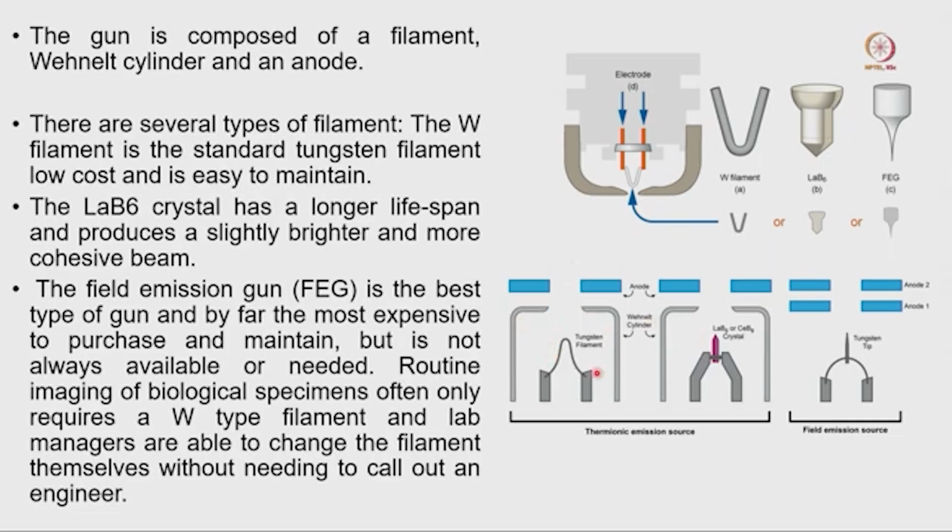So the tungsten filament and LaB6 filament are part of thermionic emission. On the other hand, if we consider the X-FEG and the normal cold FEG, in both cases two anodes are connected which help us extract the electrons from the tungsten filament tip.